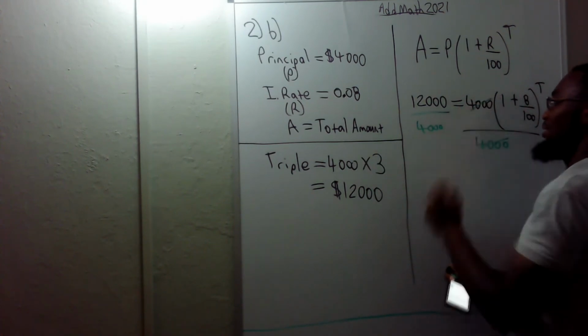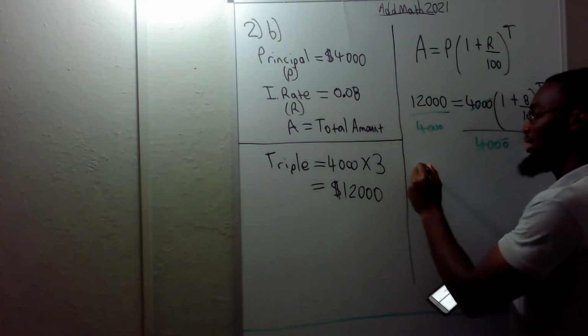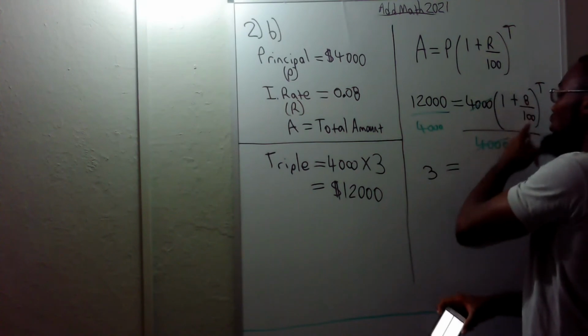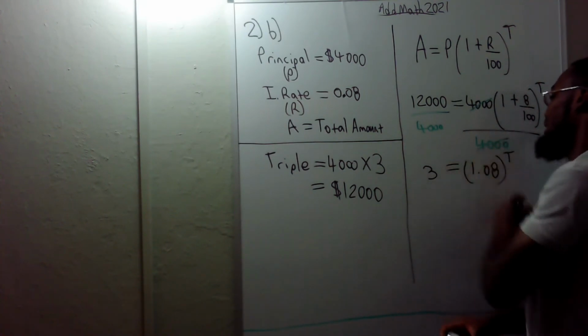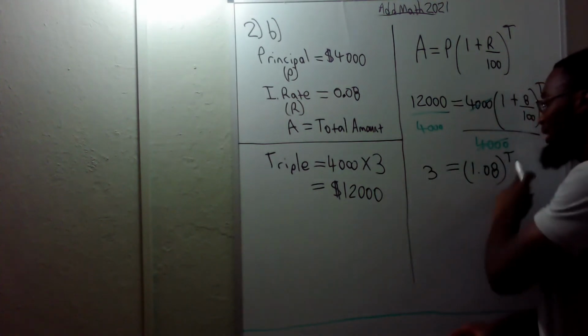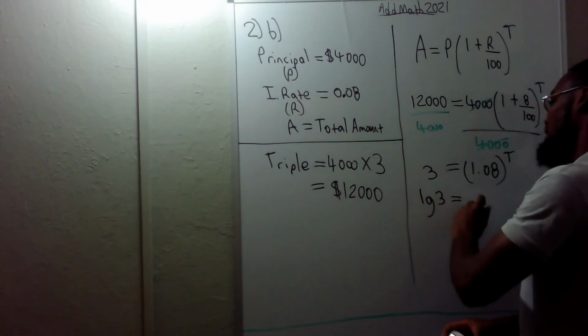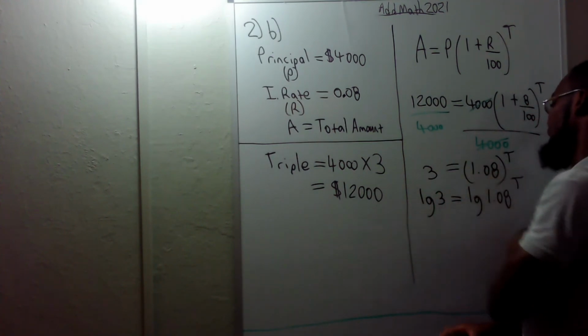This cancels this. 12,000 over 4,000 is 3. And so we get 1 plus 8 over 100, which is 1.08, raised to the T. So to find T now, guys, we take the log of both sides. So log 3 is equal to the log of 1.08 to the t.